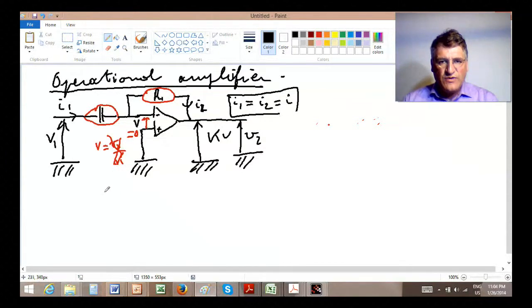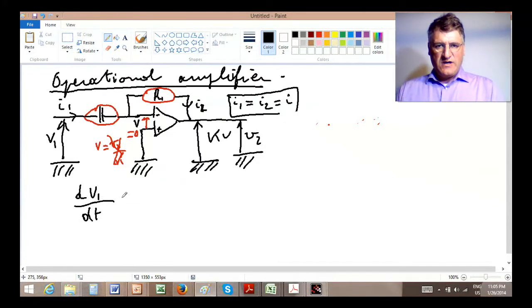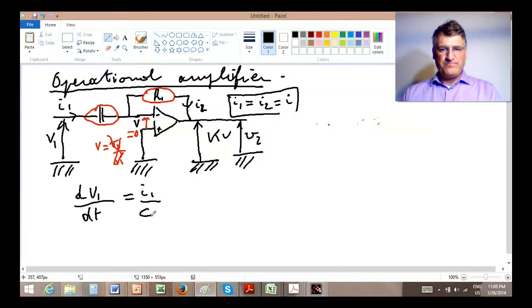In which case, what we obtain is that the voltage across the armature, which is dV1 dt, must be equal to I1 divided by C, or C dV1 dt is equal to I1.